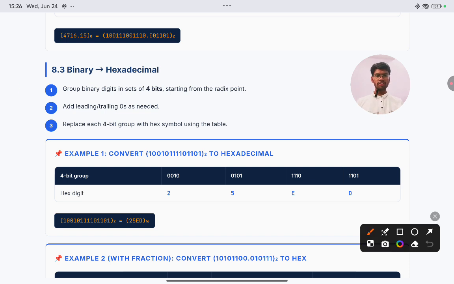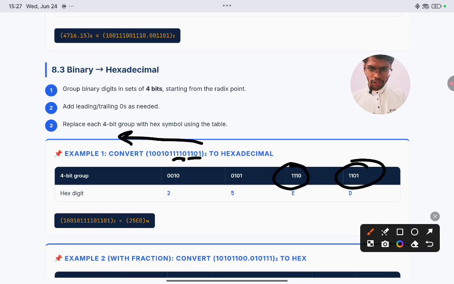Let's say I have this big number and I have to convert it from binary to hexadecimal. How do you do this? You group it, going from right to left. 1101 is here. Afterwards 1110 is here, and you need to take it carefully. Then 0101 is here.